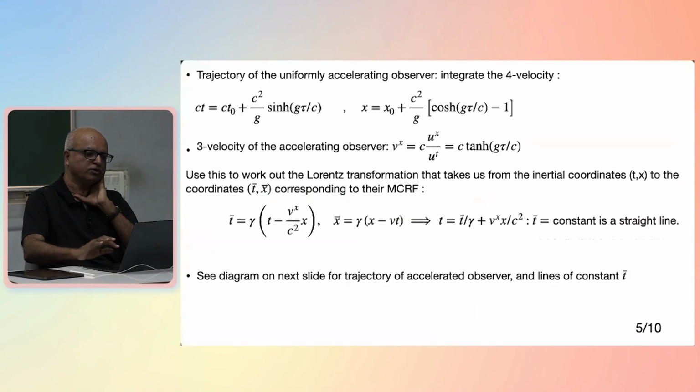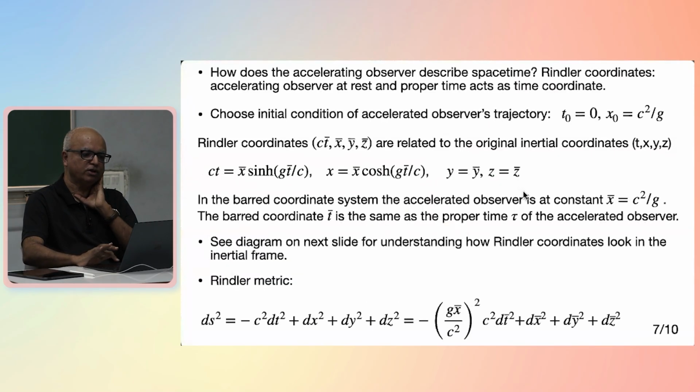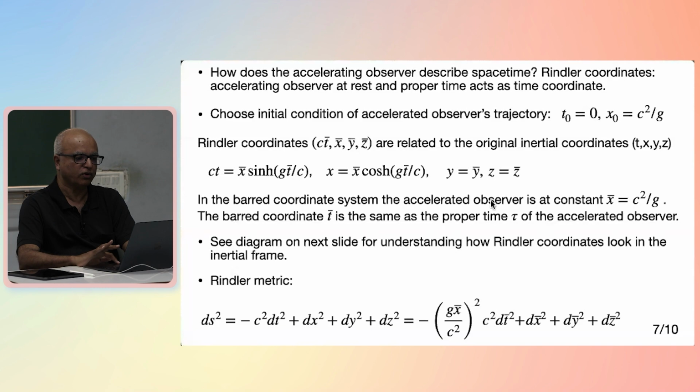Look at this solution. At tau equal to 0, this term vanishes, x is equal to x naught. That constant is a choice, origin is up to me. I make the choice that at the beginning I am at the coordinate x equals x bar equals c square by g.